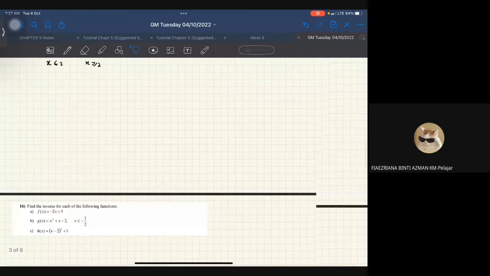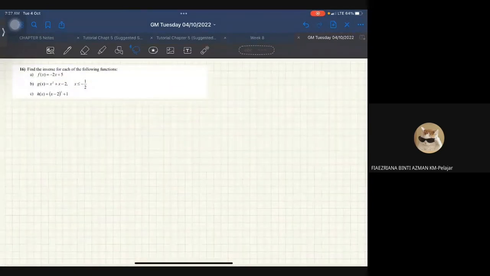So number 16, okay, so number 16 saya minta awak buat, siapkan. So kita ada 16 A, B and C. Okay, so I believe you have no problem in part A and also part C. Okay, so you can directly find the inverse daripada situ. So masalah kita mungkin pada part B, 16B.